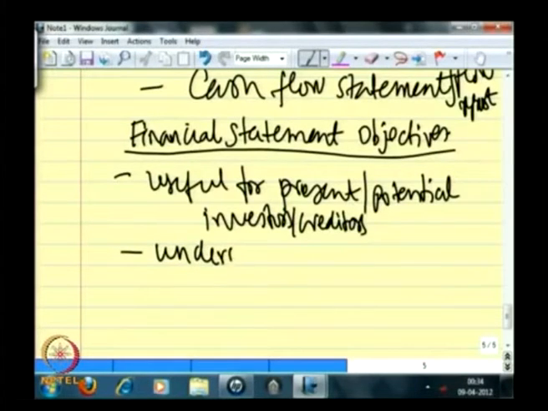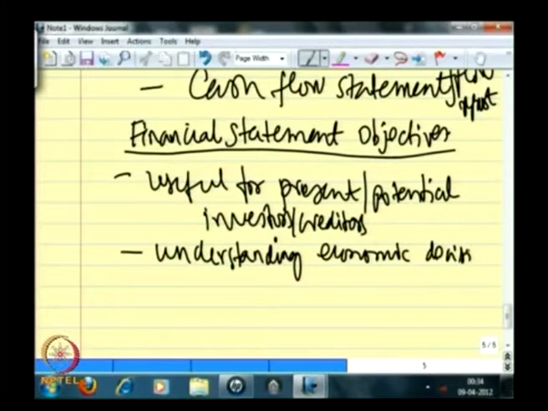And also for the purpose of understanding economic decisions with reasonable diligence.